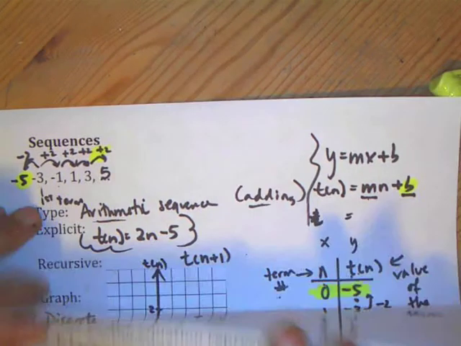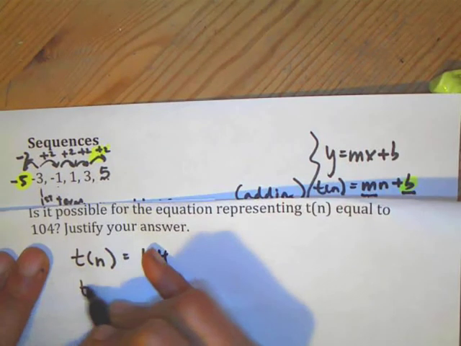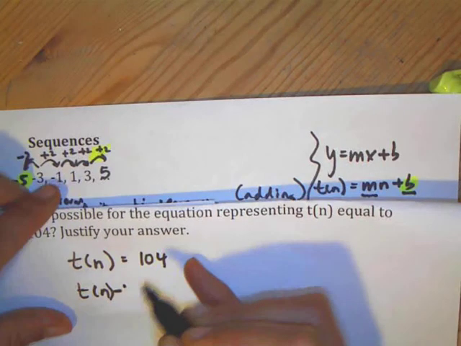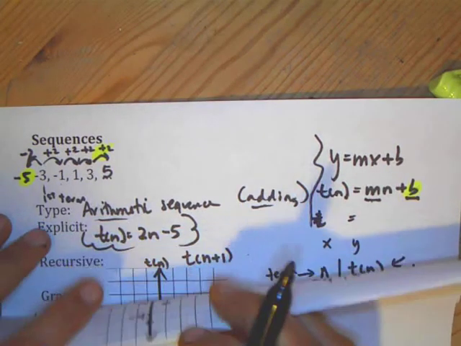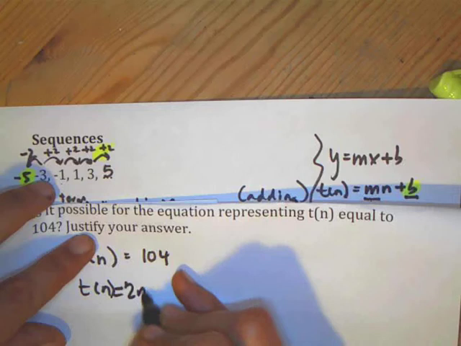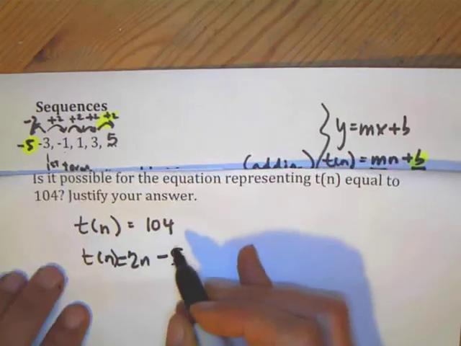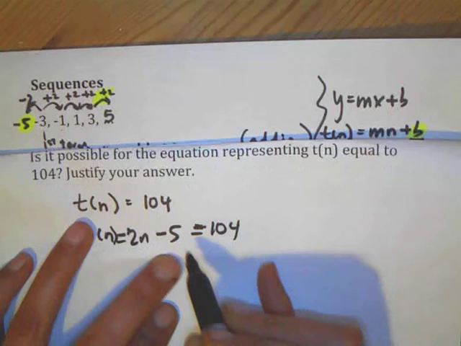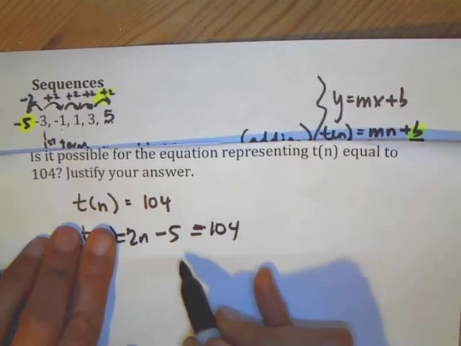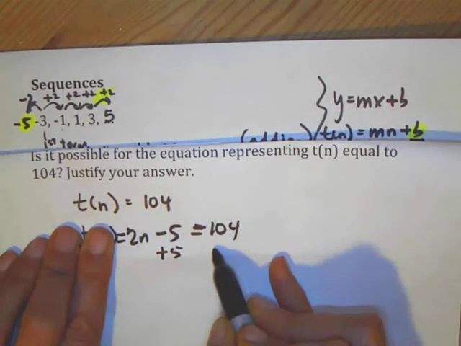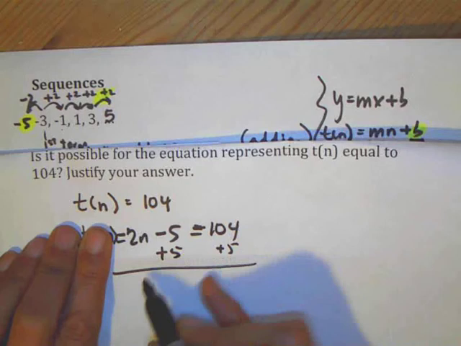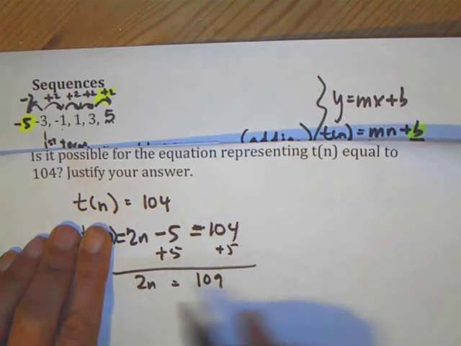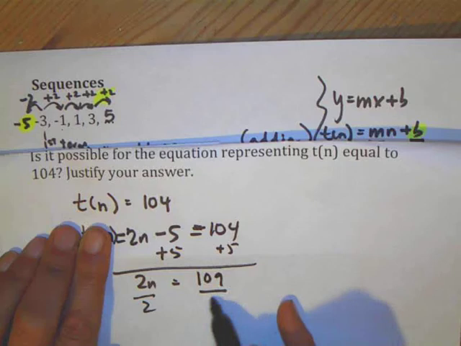T of n equals 2n minus 5. And can this equal 104? So I'm going to just solve this. Add 5, add 5. So 2n equals 109. Divide by 2, divide by 2.